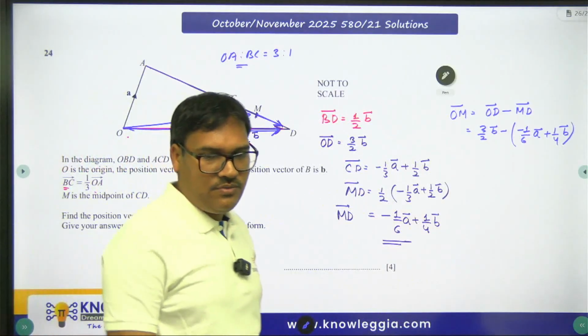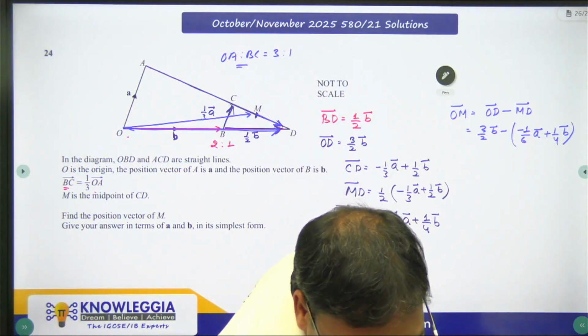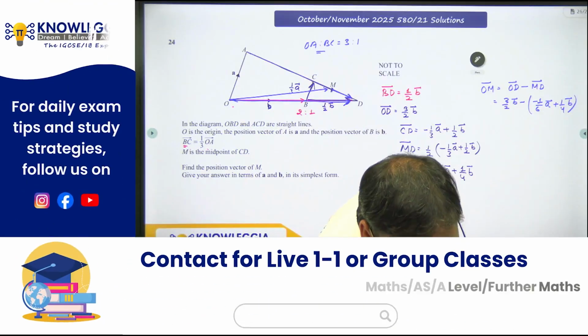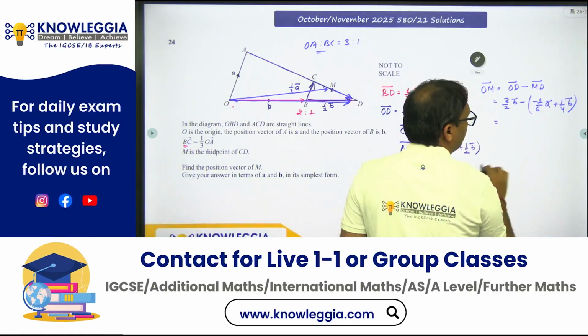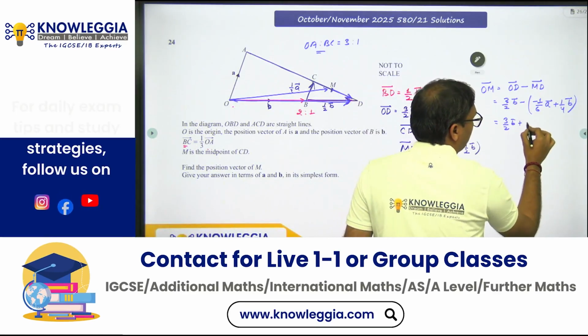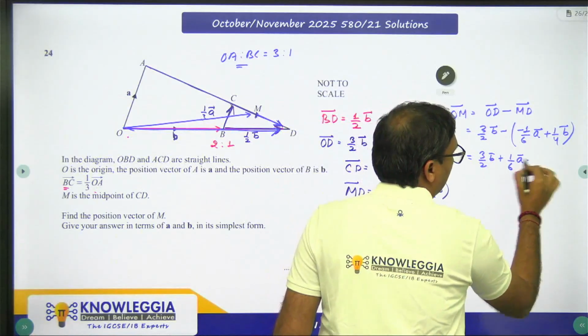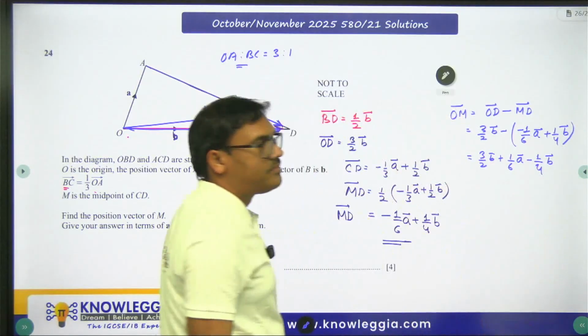Correct? So now you can see this is equal to 3 by 2 B, and negative of negative, this is plus 1 by 6 A minus 1 by 4 B vector.